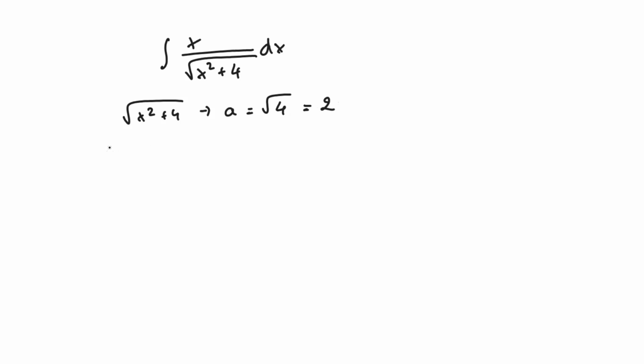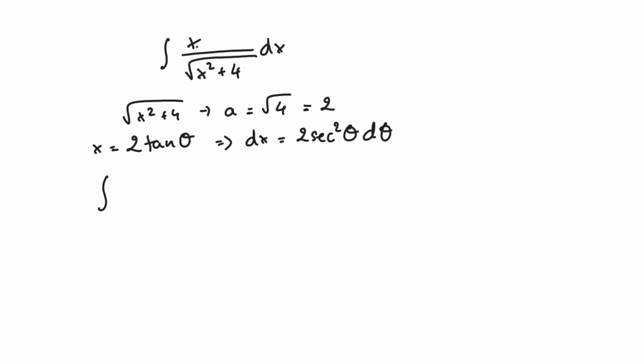So our substitution is going to be x equal to a tangent theta. We differentiate both sides, so we have dx equal to secant square theta d theta. Next, we substitute x back into the integral.